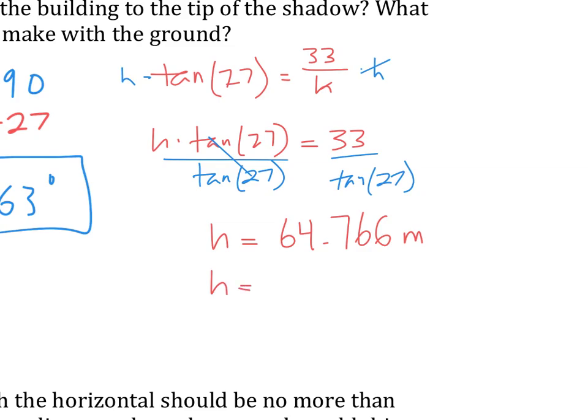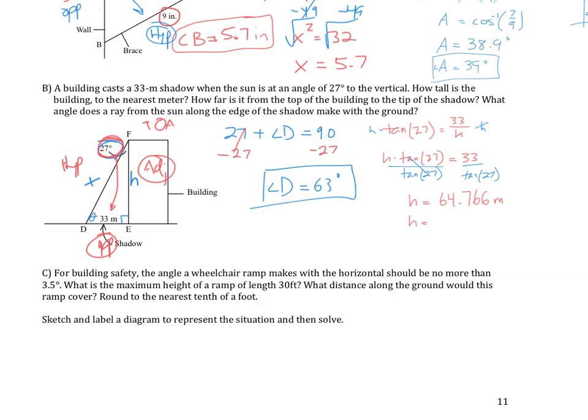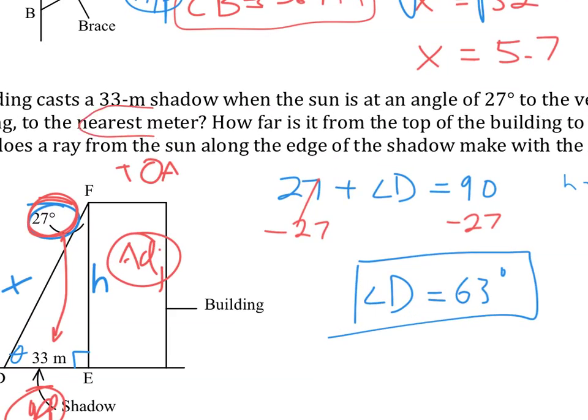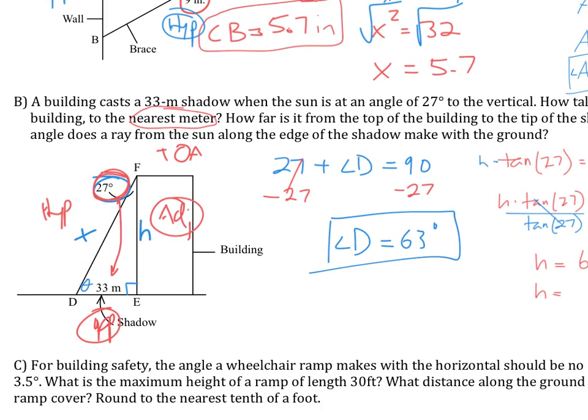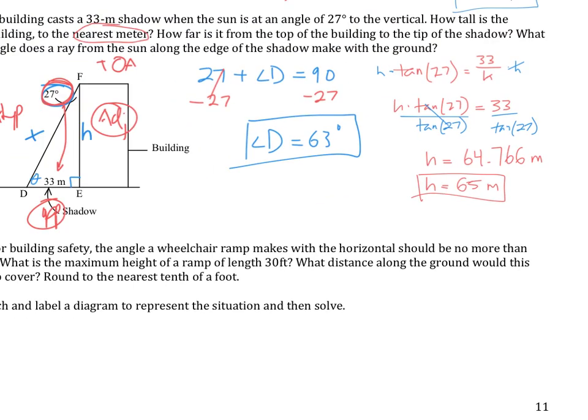Or we can round that to, does it give us anything to round to? To the nearest meter. It's going to be the nearest whole number. So we're going to do 65 meters. So the height of my building is 65 meters.